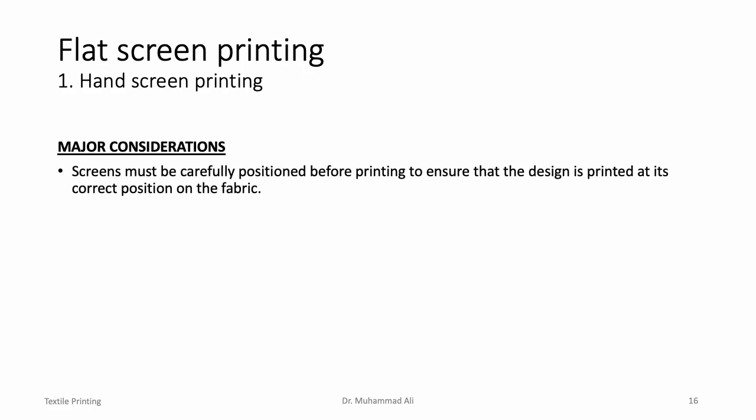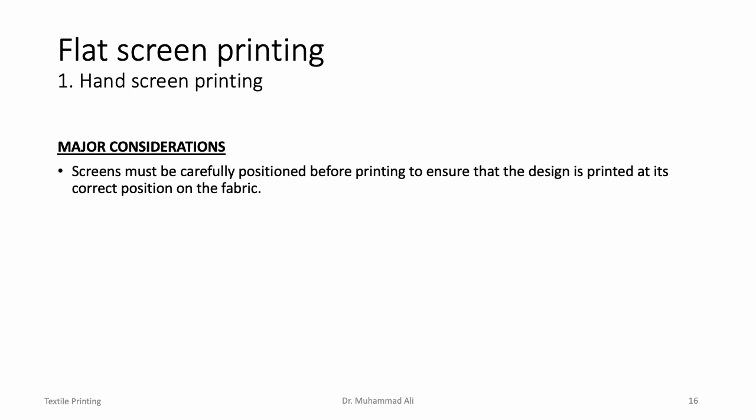Okay, let's now talk about some major considerations in the hand screen printing process. The first thing for correct printing is of course the placement of the screen on the fabric. In the case of hand screen printing, it depends on the workers, the printer, to ensure that the screen is accurately positioned or placed on the unprinted fabric.